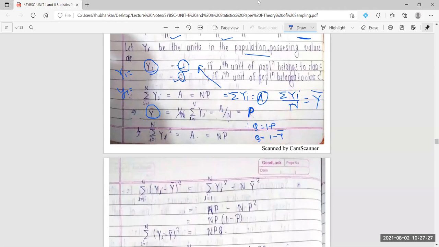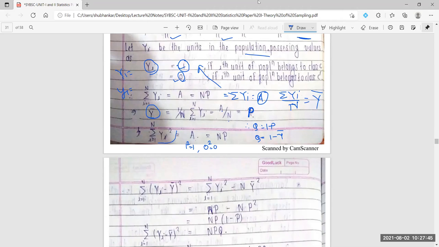So summation yi square can be represented as the squares of 1 and 0. So 1 square is also 1, 0 square is also 0.